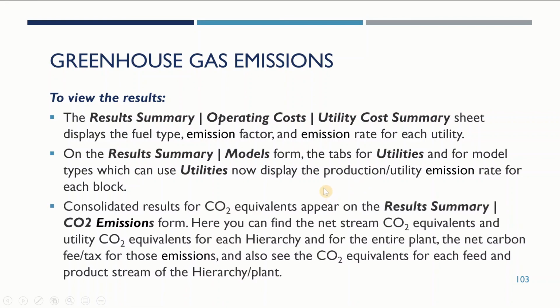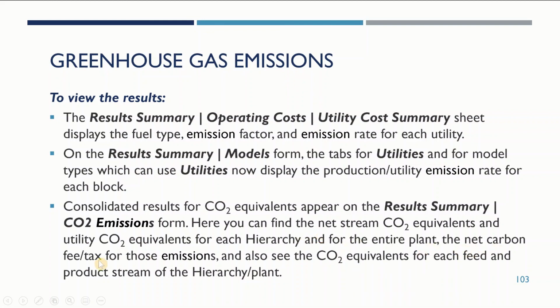You can also use the result summary CO2 emissions form to view the consolidated results for CO2 equivalents. Here, you can find the net stream of CO2 equivalents and utilities CO2 equivalents for each hierarchy and for the entire plant.